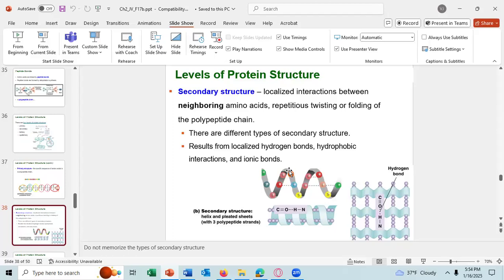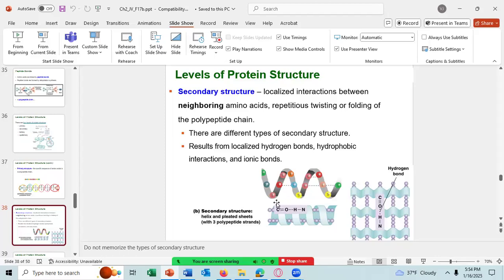Those are the forces of attraction in the secondary structure. Just checking to make sure I got all of them. There are also forces of repulsion, like right here and right there. These two amino acids are being repulsed from each other. It could be this one has a positive charge and that one has a positive charge. They will be repulsed from each other because two positives don't like being around each other.